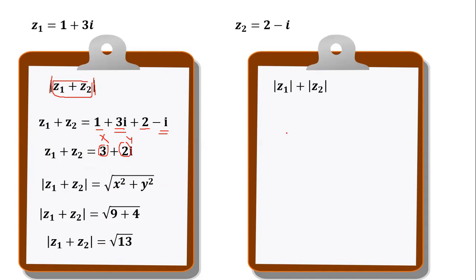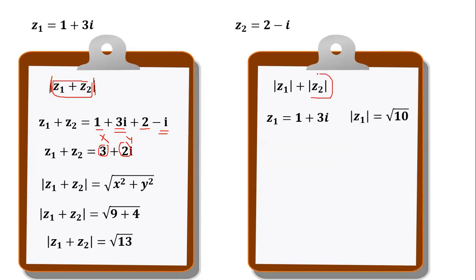On the other side, I have to calculate the modulus of z1 alone plus the modulus of z2 alone. z1 here is 1 plus 3i. In order to calculate the modulus of z1, apply the formula radical x squared plus y squared, which is equal to radical 10.